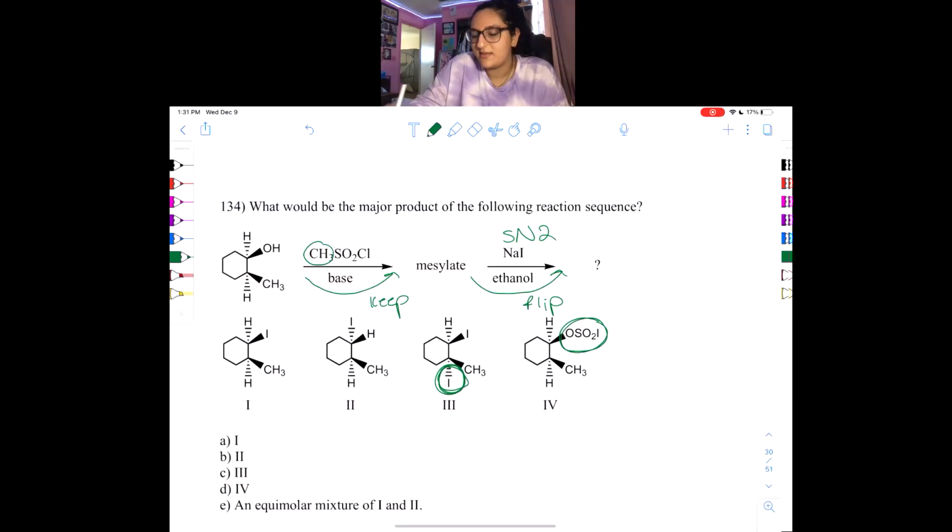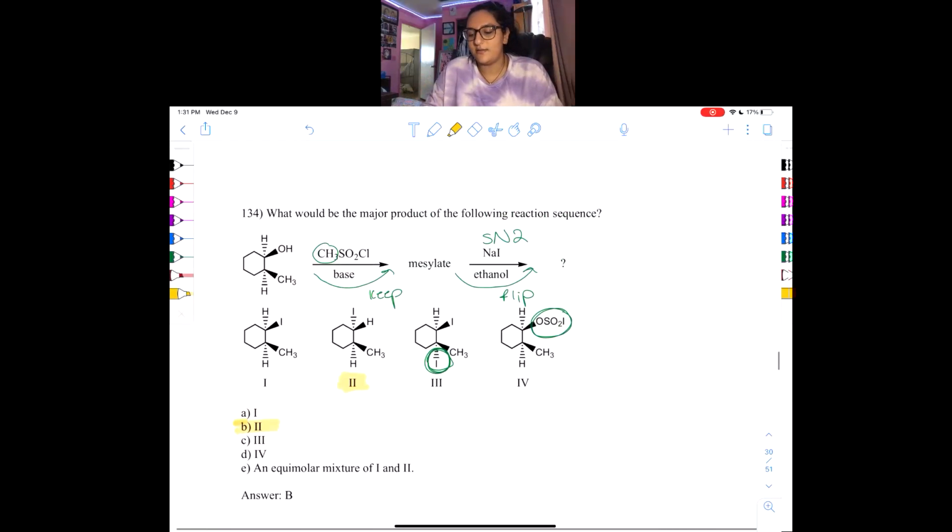Can't be this one because that's gross. So it's between 1 and 2. And 2 is the one that flipped the stereochemistry, so I believe B is correct, and you guys would be right. Ta-da! All right, so are we happy with chapter 11? Is there anything you guys want to cover before we move on and do chapter 18 problems?